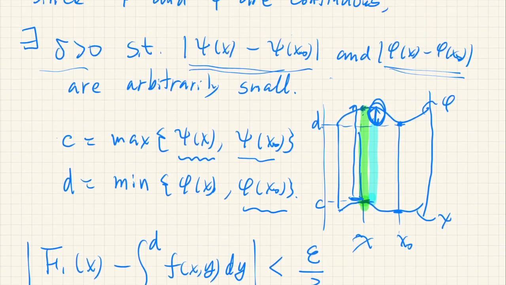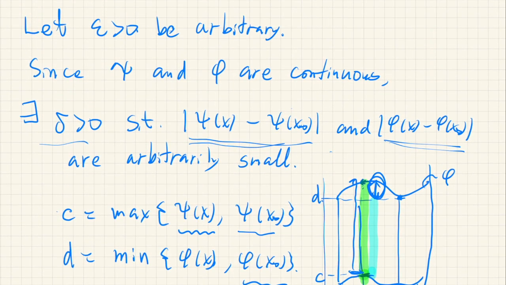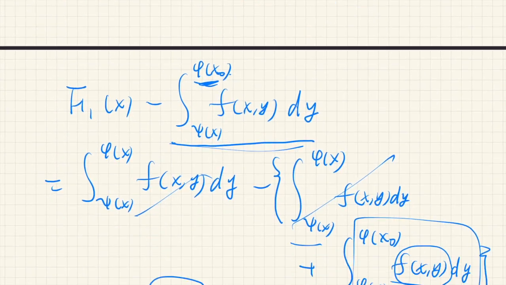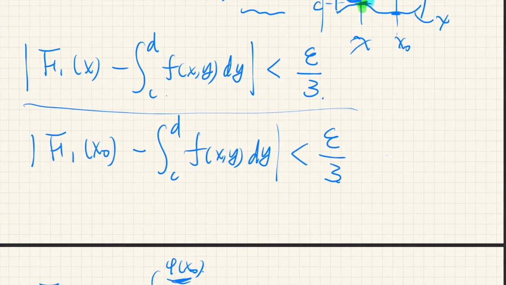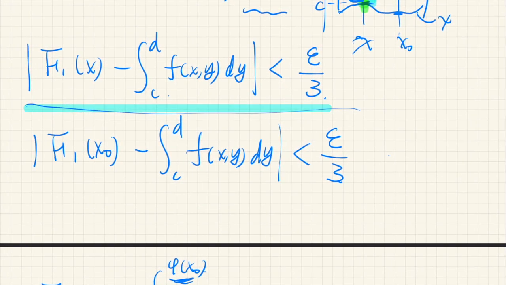Because it can be made arbitrarily small, as we have stated here, as long as the distance between x and x0 is less than delta. So this can be made arbitrarily small. Okay, so that's why we have this inequality, where epsilon over 3 is an arbitrarily small positive real number. And the same applies to this one.